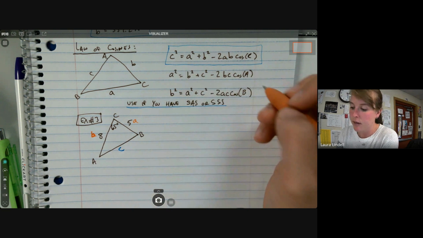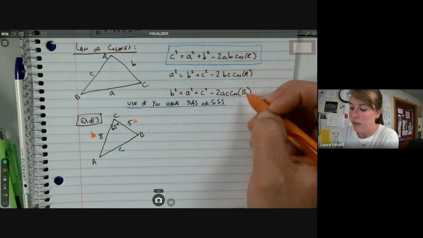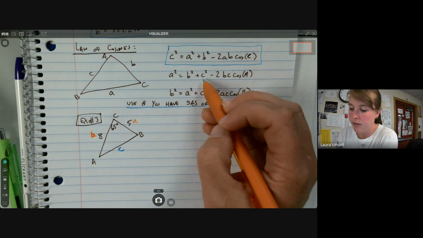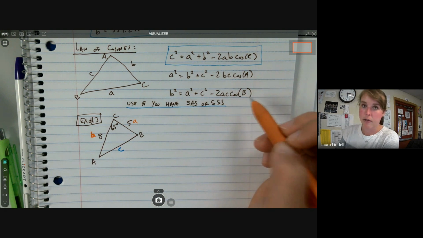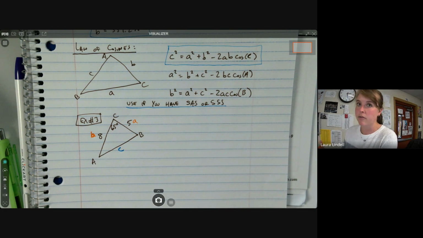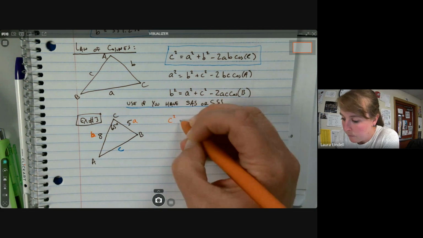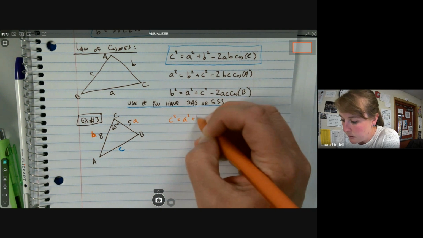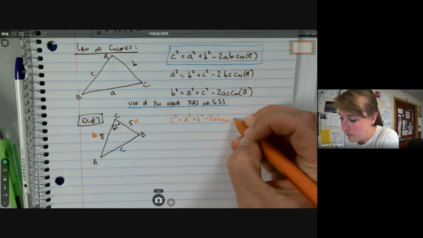I don't want to use angle A or angle B because we don't know side C yet, and we also don't know angle A and B. So that would be a little bit of an issue. We've got two things that are missing. So I'm going to start with solving for side C. We know C squared is A squared plus B squared minus 2AB cosine of C.